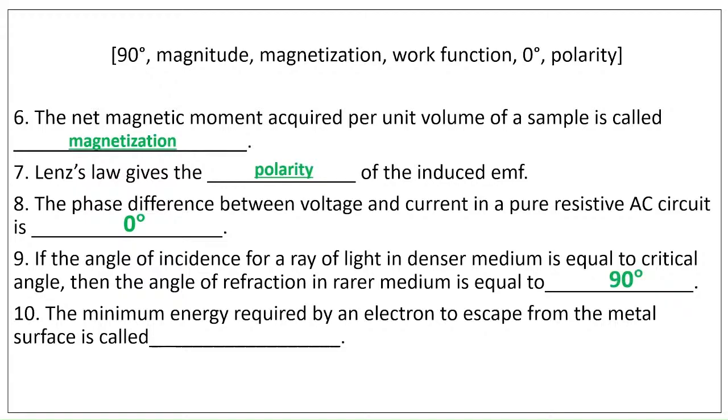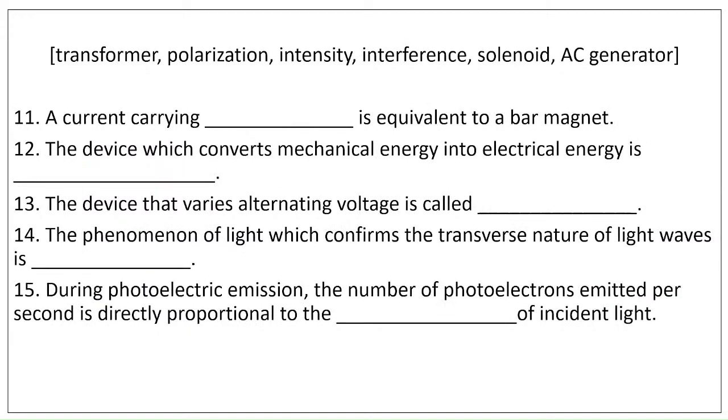If the angle of incidence for a ray of light in denser medium is equal to critical angle, then the angle of refraction in rarer medium is equal to dash. Answer is 90 degree. Next. 10. The minimum energy required by an electron to escape from the metal surface is called dash. Answer is work function. Next. 11. A current carrying dash is equivalent to a bar magnet.